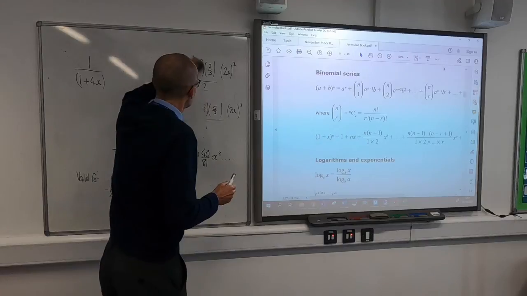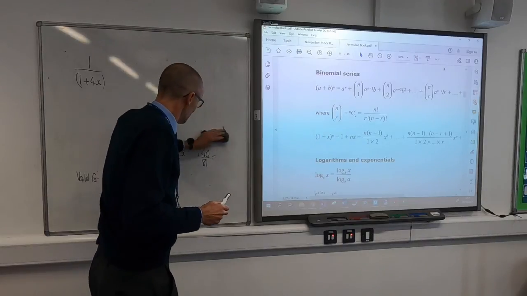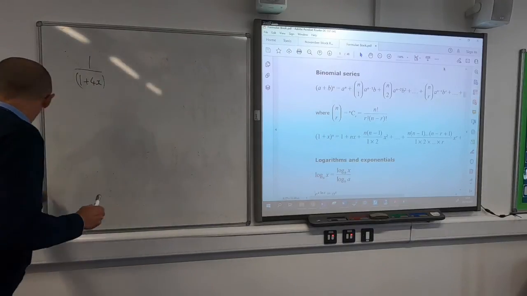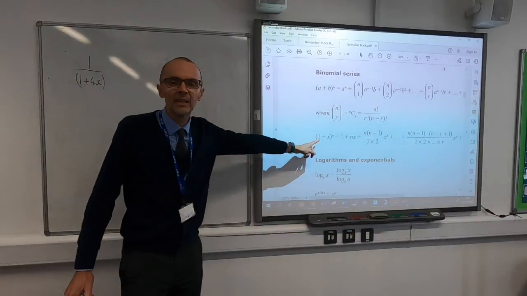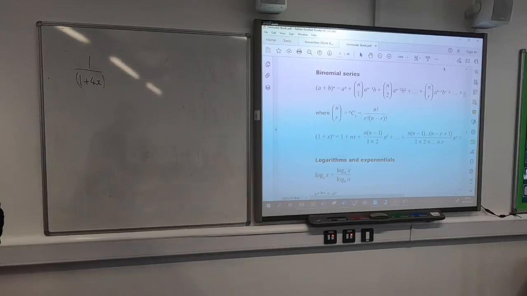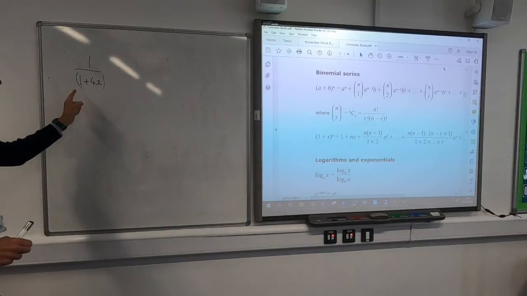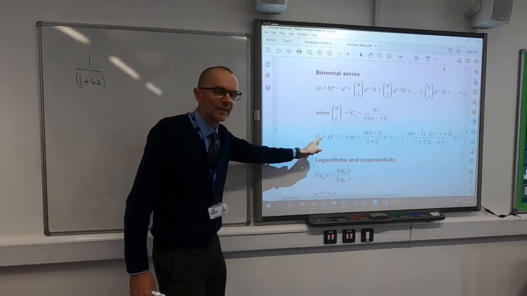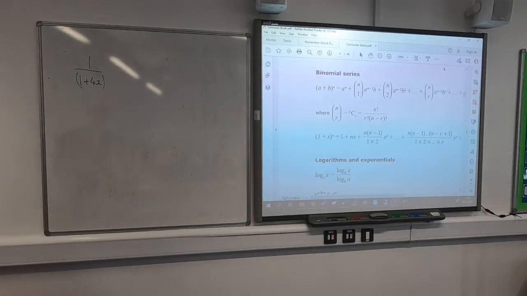Now this doesn't look like this, does it? It doesn't look like that. So, but Beth, how can I rewrite that statement so it does look a bit like that? How do we write 1 over things as an indice?